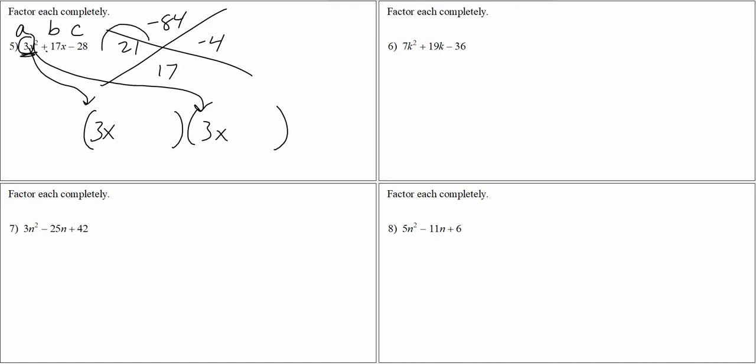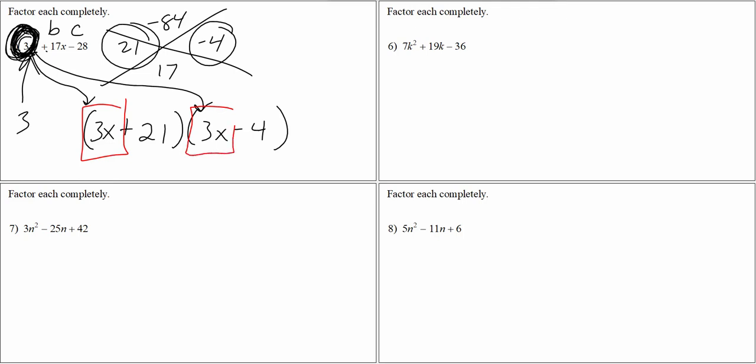Then I'm going to put these numbers. So that's a positive 21, and this is a minus 4, so that's a negative 4, okay? Now, this is what we don't understand: because I need the number here to be a 3, if I multiply these two terms when I multiply it back out, I get 9, okay?